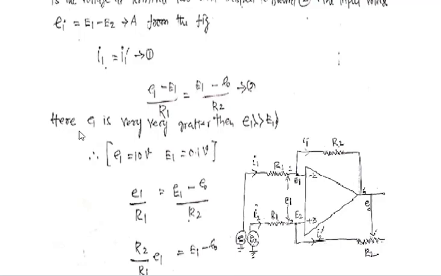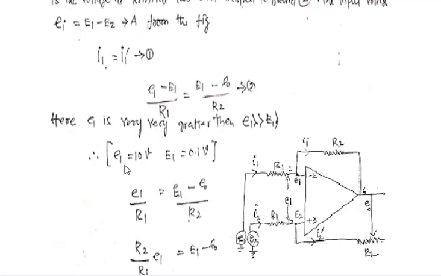Here the applied voltage small e1 is very much greater than the voltage here, capital E1. So we neglect capital E1 here, but include it there. Why?